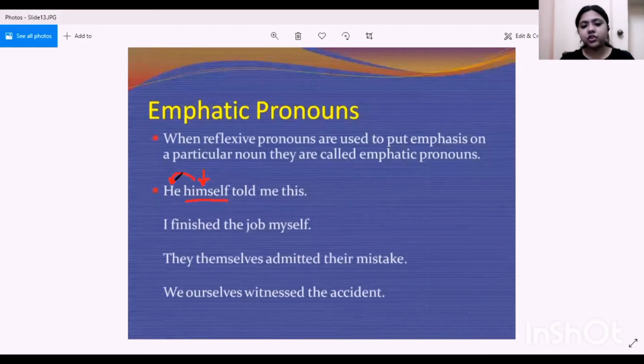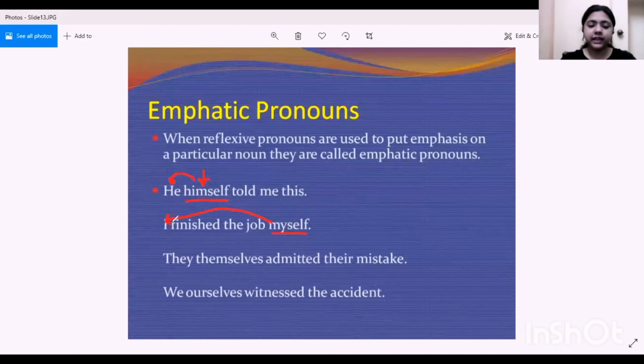I finished the job myself. So now, if you hide this word myself, again you will see that the sentence is making complete sense. It is complete in itself. But when we are adding this emphatic pronoun myself towards the end, then it is laying emphasis on the fact that I finished the job all by myself.